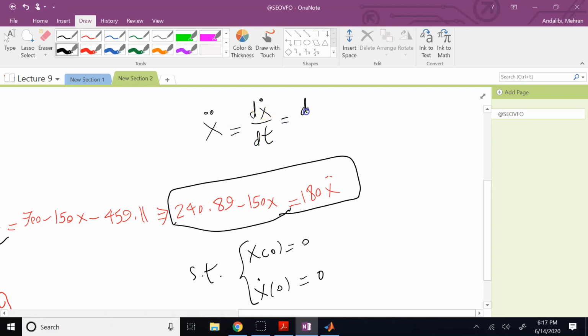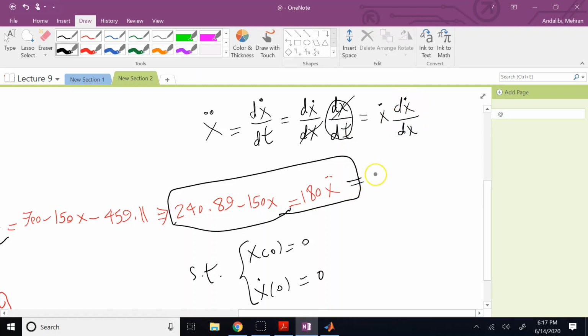Use the chain rule. It's going to be d of x dot over dx times dx over dt, right? It's like these two are canceling, and this guy is x dot itself, so it's going to be x dot times dx dot over dx.